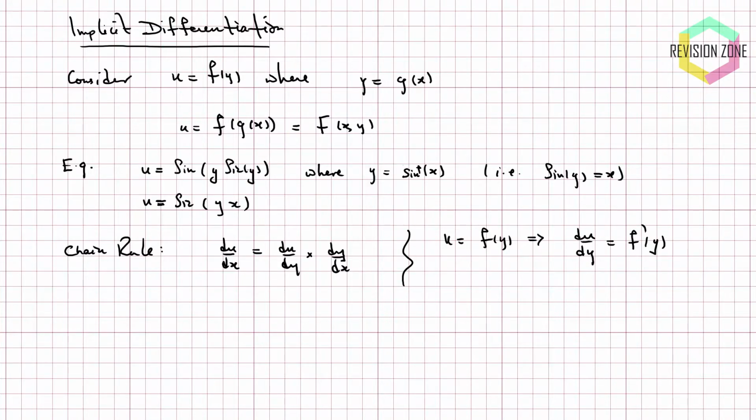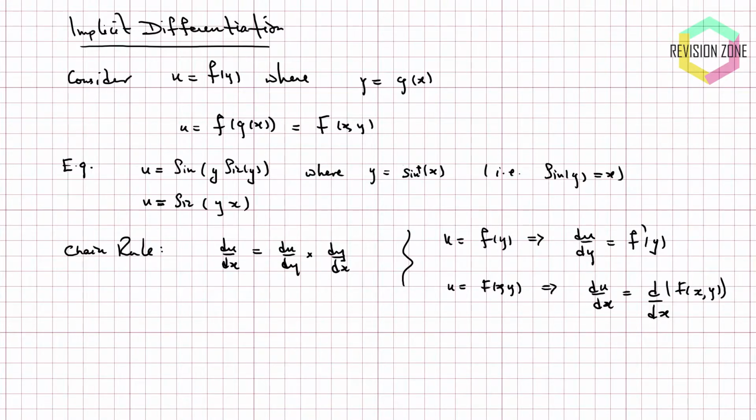And the second description is this one here. If I've got u equals f of x, y, then du by dx is equal to d of f of x, y differentiated with respect to x.